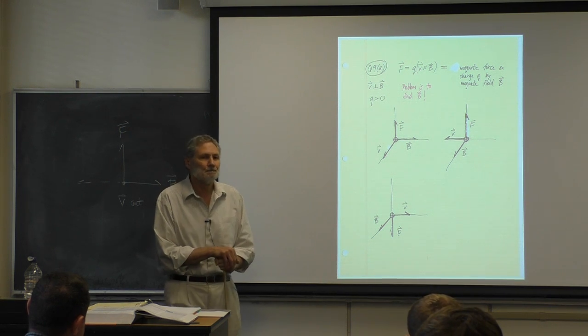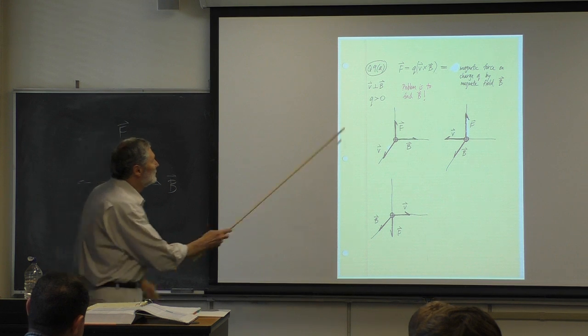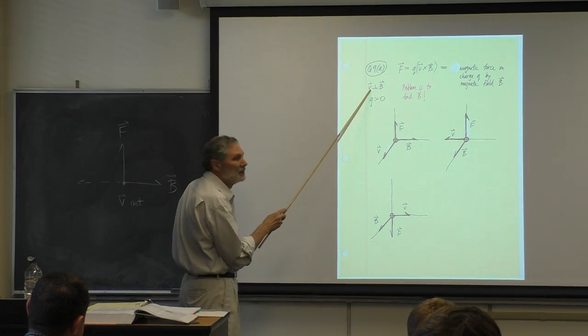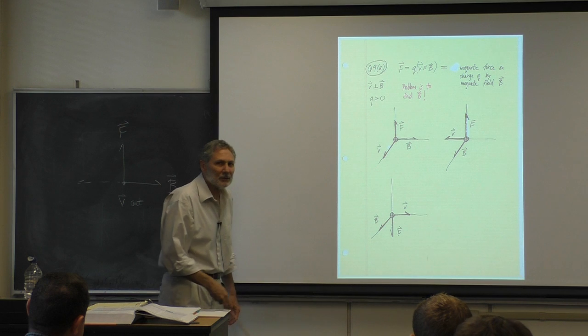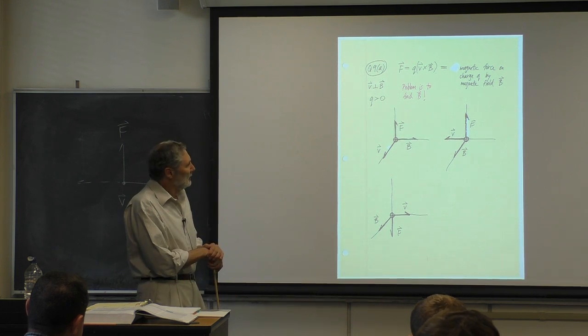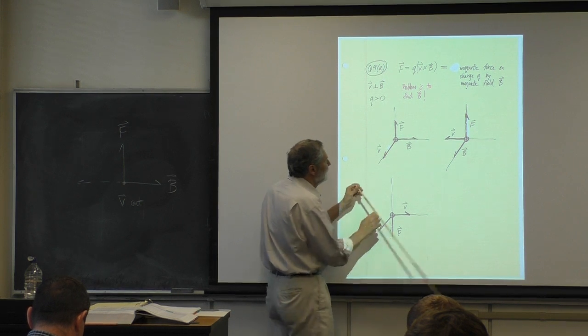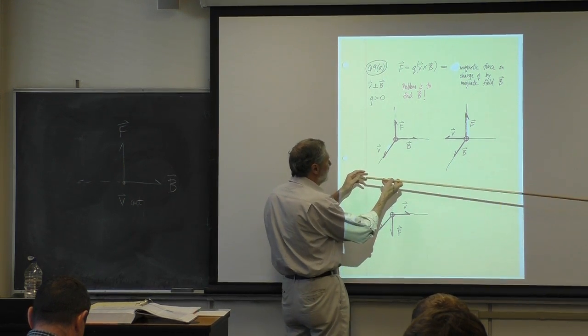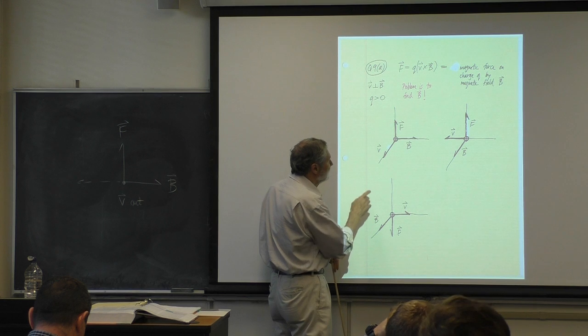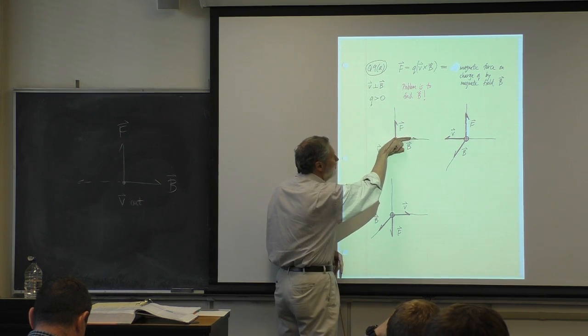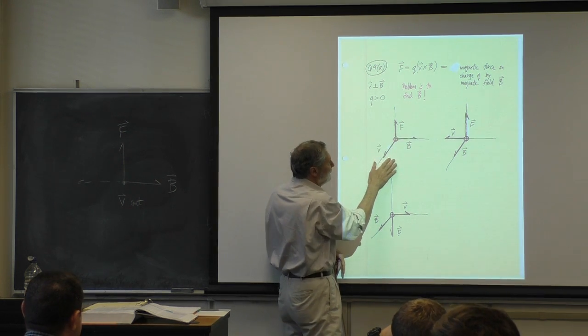Okay. Now, one point here. Suppose we weren't given this. Then, if you want to think about that, the answer, maybe you can see it, is B can point anywhere in the xy plane here.